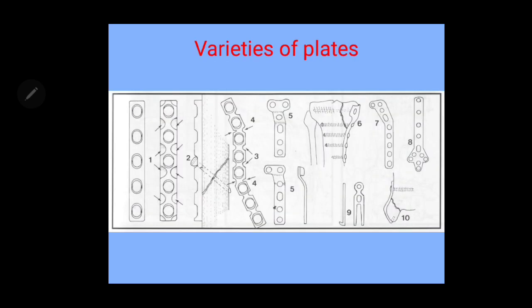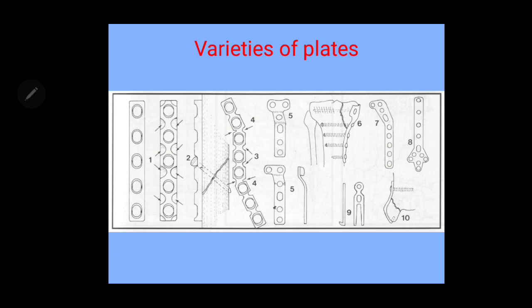So you see here also other types of plates, such as the low contact plate on the left side, where the contact with the bone is limited and these plates don't cause necrosis on the surface of the periosteum, which is very important. So the contact surface was decreased.